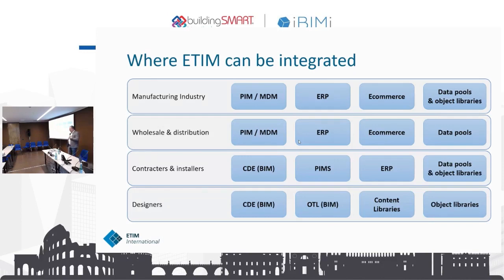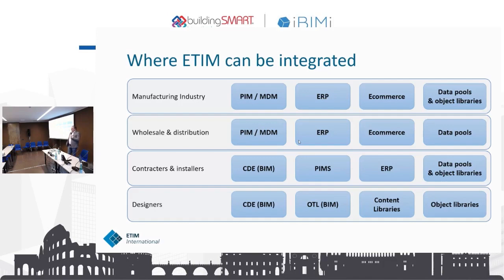Contractors and installers, that's what we think is very interesting, can upload ETIM data into their common data environment, because you design stuff, but if you want to build it, you have to buy products. So somewhere along the line, you have to make the link to the supply chain. And I've seen great examples over the last few days from Akka software.